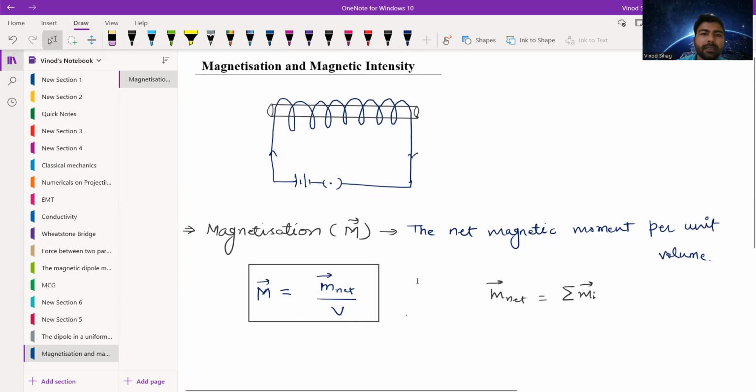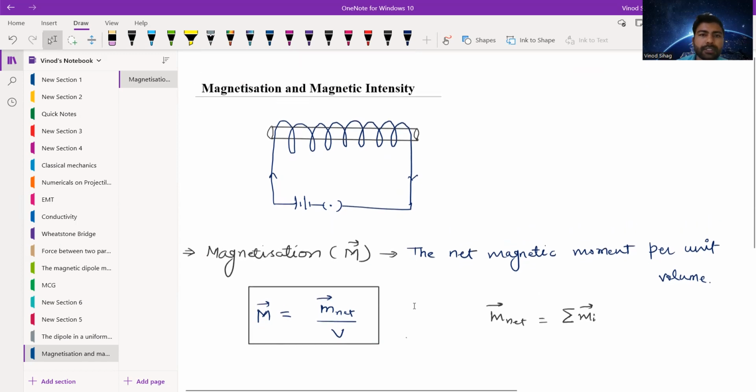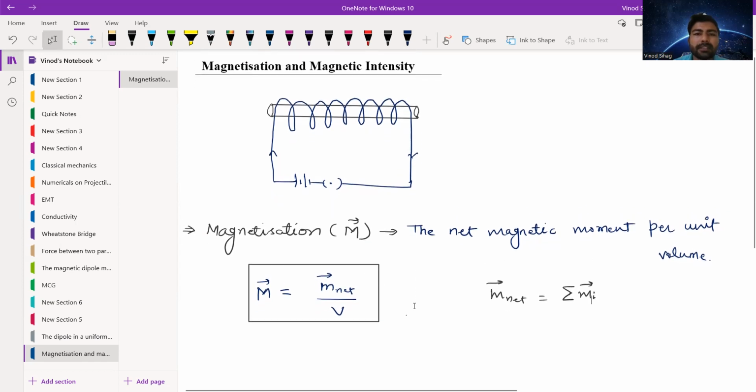And the second thing is magnetic intensity, which we are going to introduce throughout the derivation. First of all, let's assume that we have a solenoid, and one soft iron core is inserted into that solenoid.